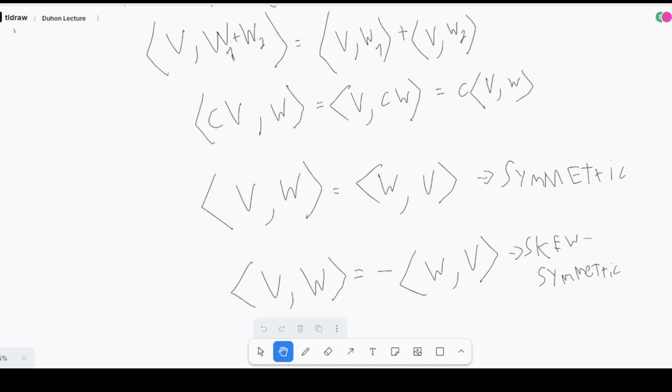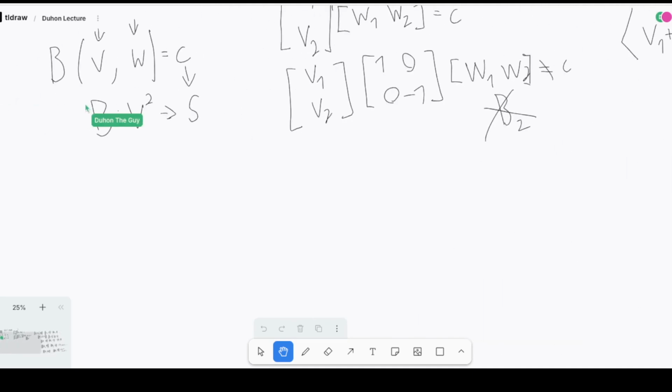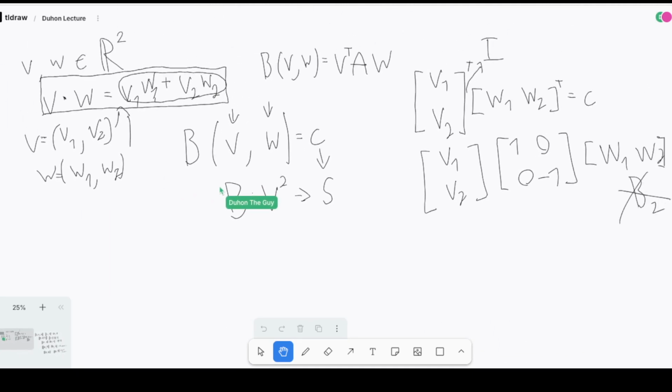That is going to be your general definition of it. But if A is symmetric, so is the bilinear form. And that's going to be a thing I'm going to prove for you right now. If anyone has any questions so far, it's best to ask them.